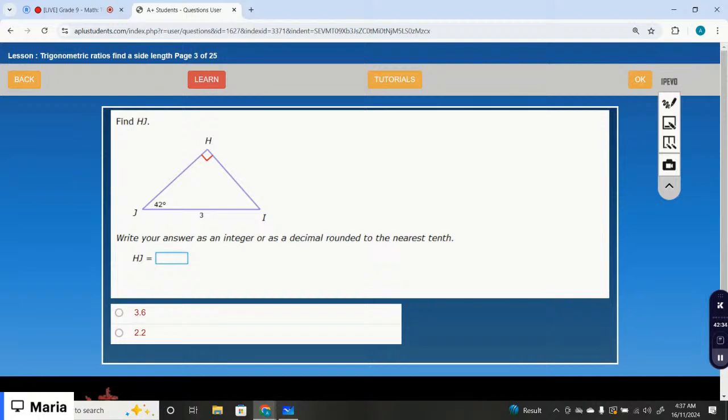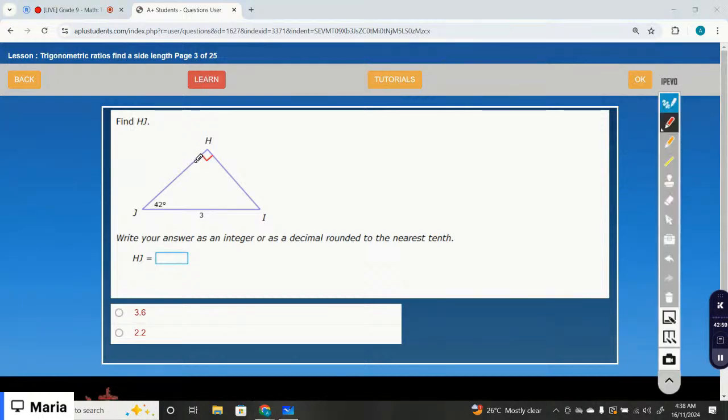Find HJ. You can evaluate cos 42 degrees.